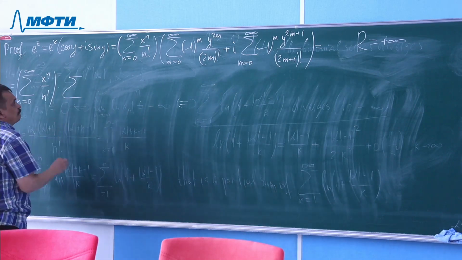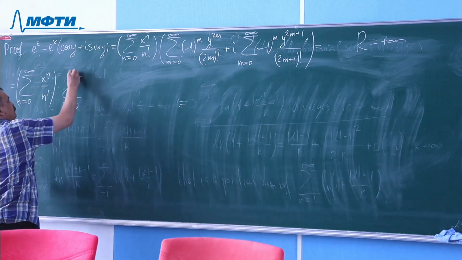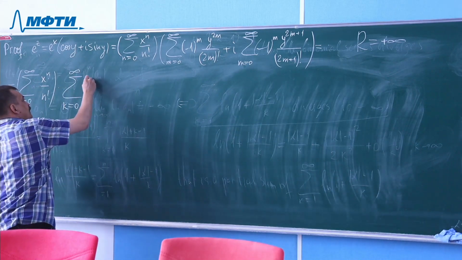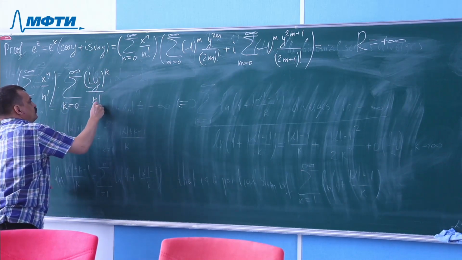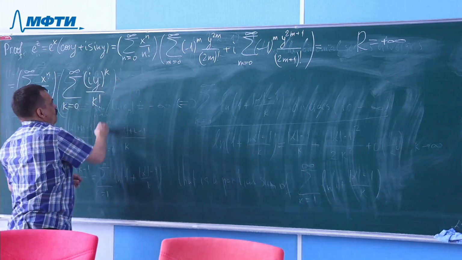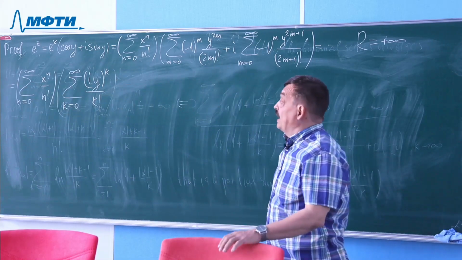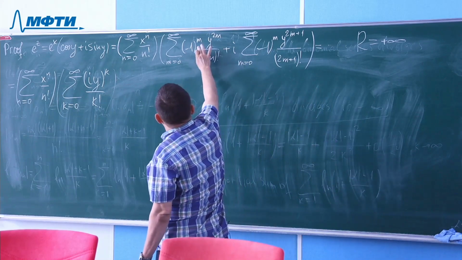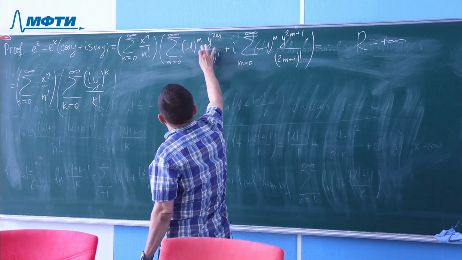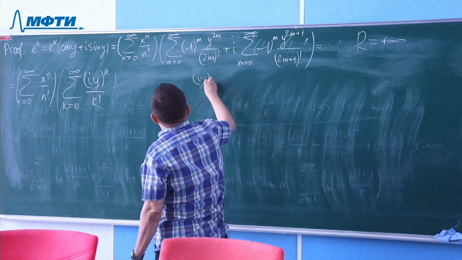Look, k from 0 up to infinity, iy to the power k over k factorial. That is how I can add those two series. Why? Because look, here what I have. iy to the power 2m, what is it?